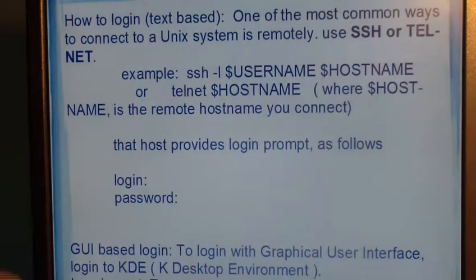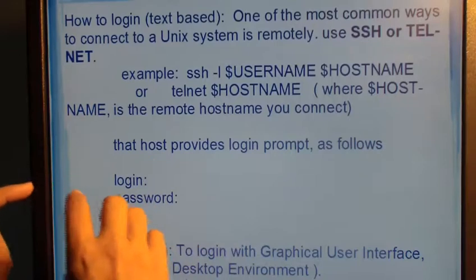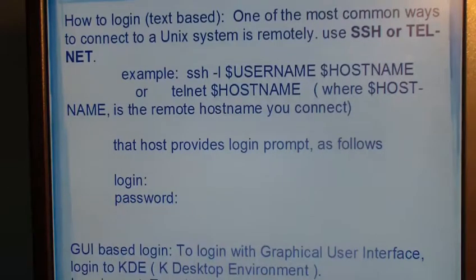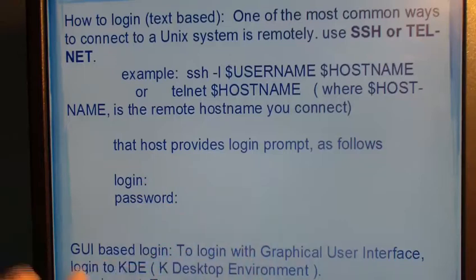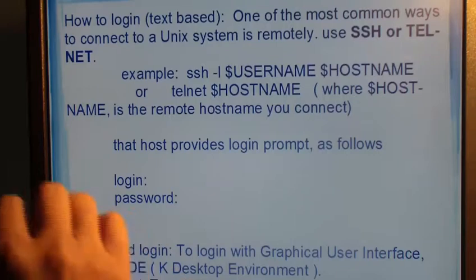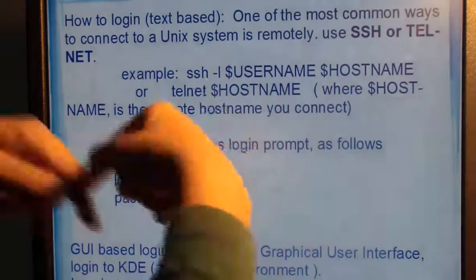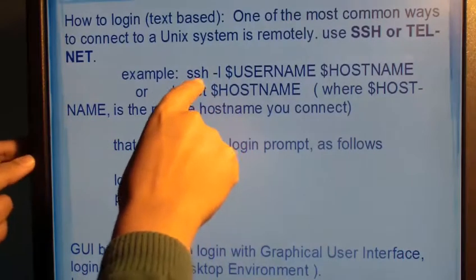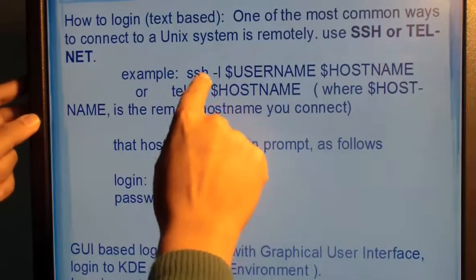Remotely, I have to open an Xterm or a window, like in DOS there is a command prompt or CMD. There are also other programs like PuTTY. You can use SSH, which means secure shell. This is the one command, and with this command I am connecting to a host name.